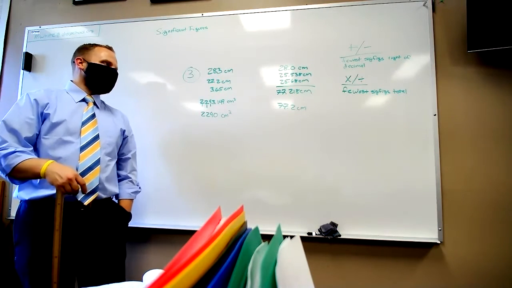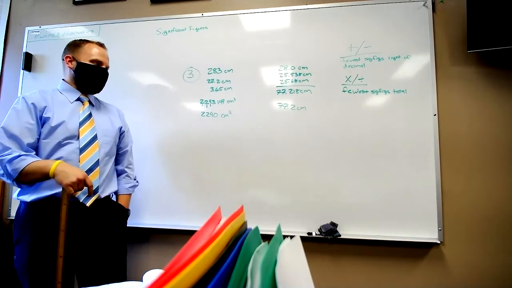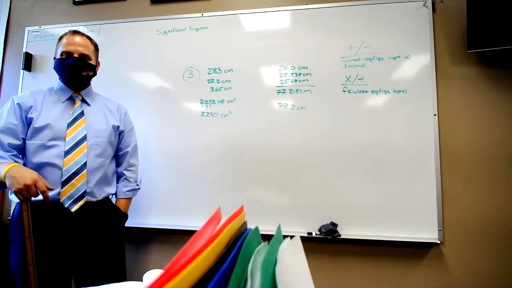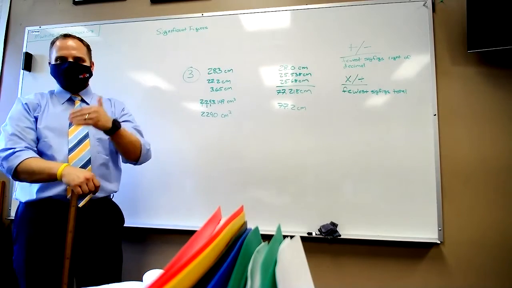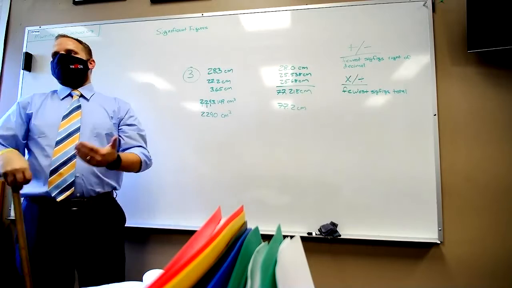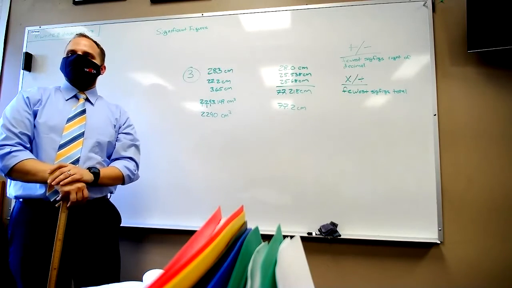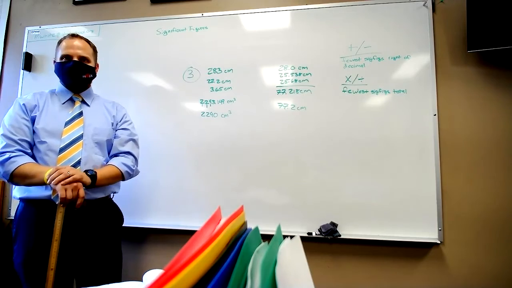So, like I said, I'm not going to be super strict about, oh, that's the wrong number of significant figures and it's wrong. Even though technically is it wrong? Yes, according to chemistry, but we don't need to do it like that at this level.